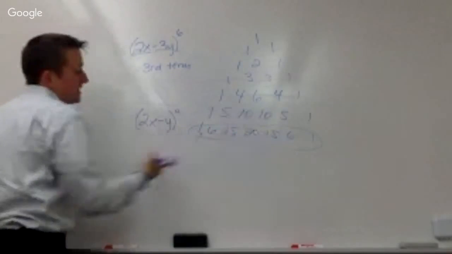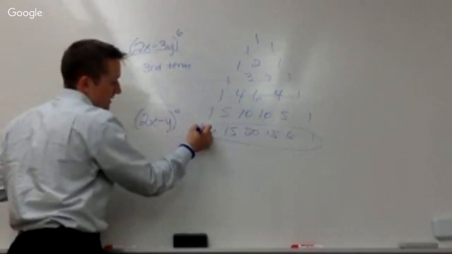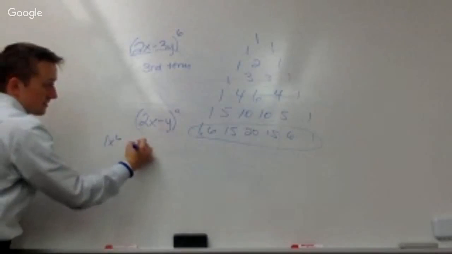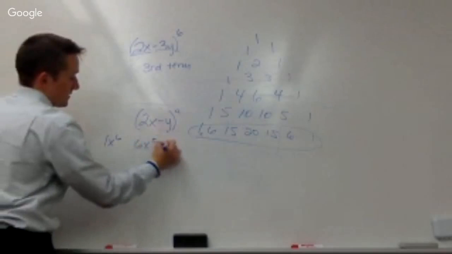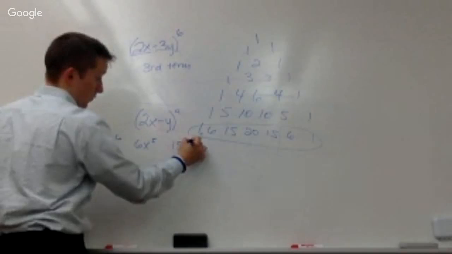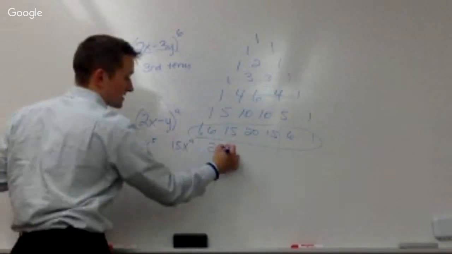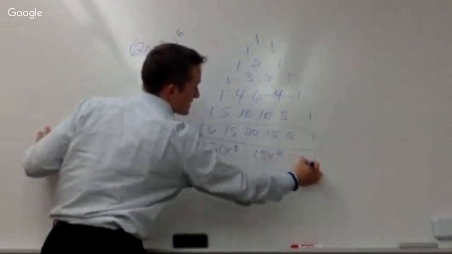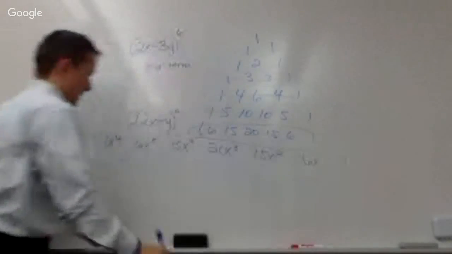X is going to decrease from left to right. So this will be 1, x to the 6th, 6, x to the 5th, 15, x to the 4th, 20, x to the 3rd, 15, x squared, 6, x, and then just 1.